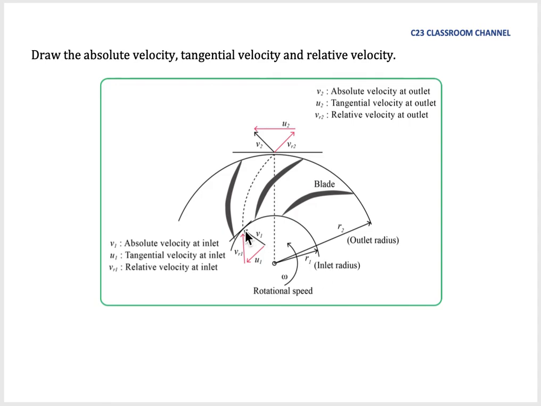At this point we take the tangential velocity, so we draw a tangent line here and the velocity is here. This is a vector, so you can move this arrow anywhere you like. For example, U1 can be moved from here to here, and VR1 can be moved from here to here.